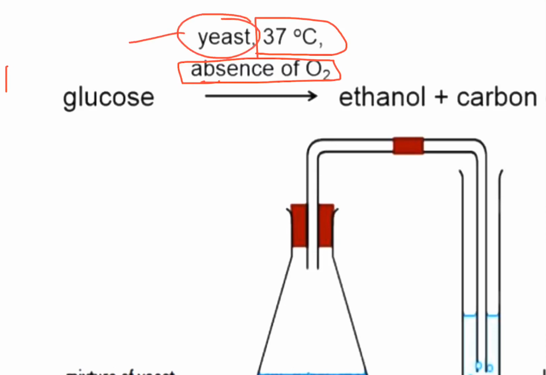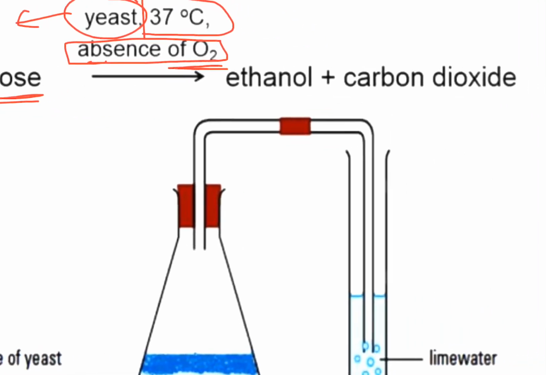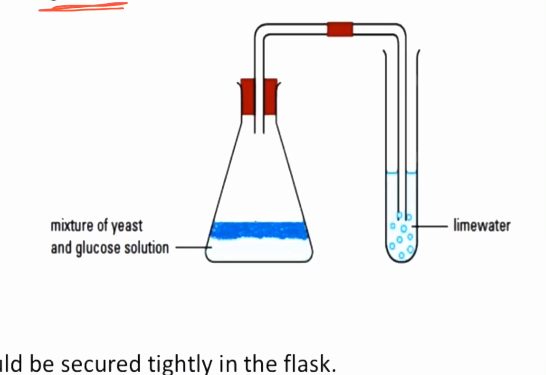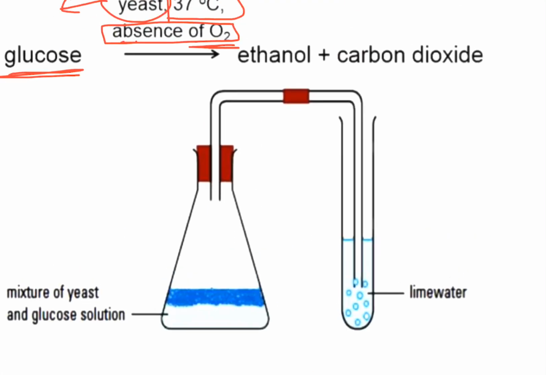Now, yeast is a living microorganism, and in the absence of oxygen, it will break down glucose into ethanol and carbon dioxide, and at the same time, it gets energy for itself. Here you have a rubber band and a delivery tube, which ensures that no oxygen gets in.